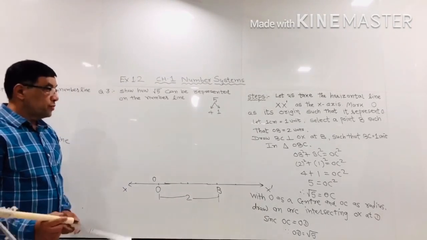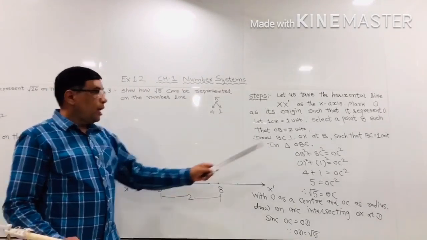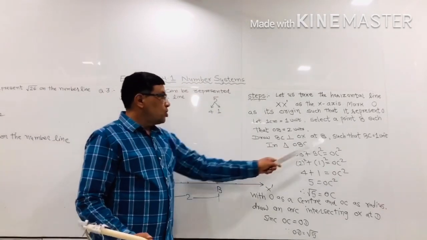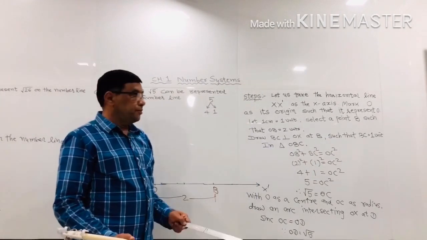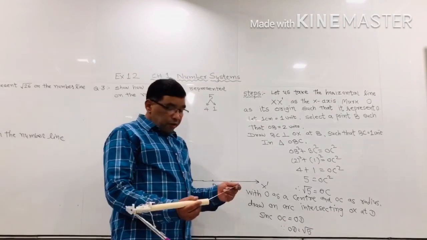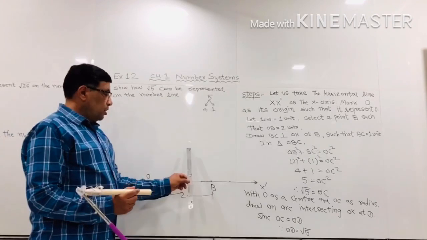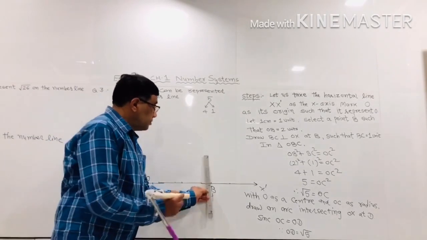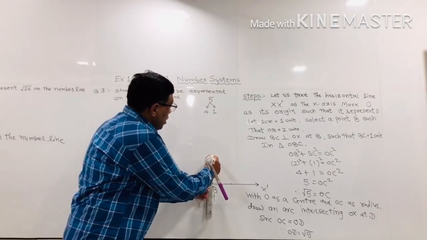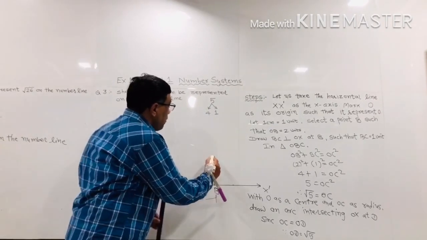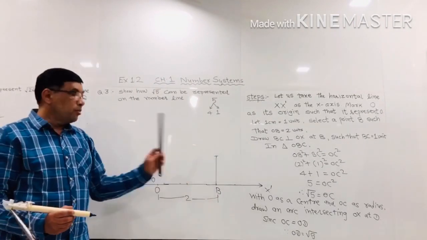Now what do we do? Draw BC perpendicular to X at B such that BC is equal to 1 unit. So you have to take your set square, keep it here, see, and here draw a perpendicular line which is once again 1 unit, meaning 1 centimeter.